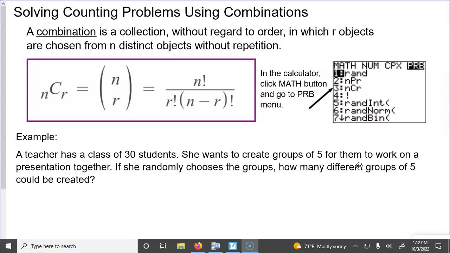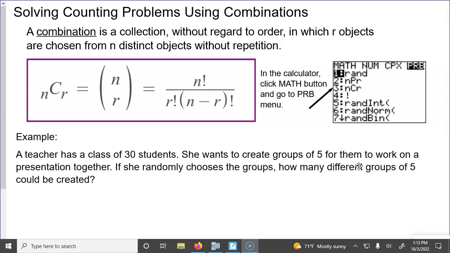If I have person A, person B and person C, choosing them as A, B, C is the same as choosing them as C, B, A. That's what without regard to order means. If it matters who's chosen first or second, you would use permutations, which we don't cover in our class, but you would see in the book in Chapter 5.